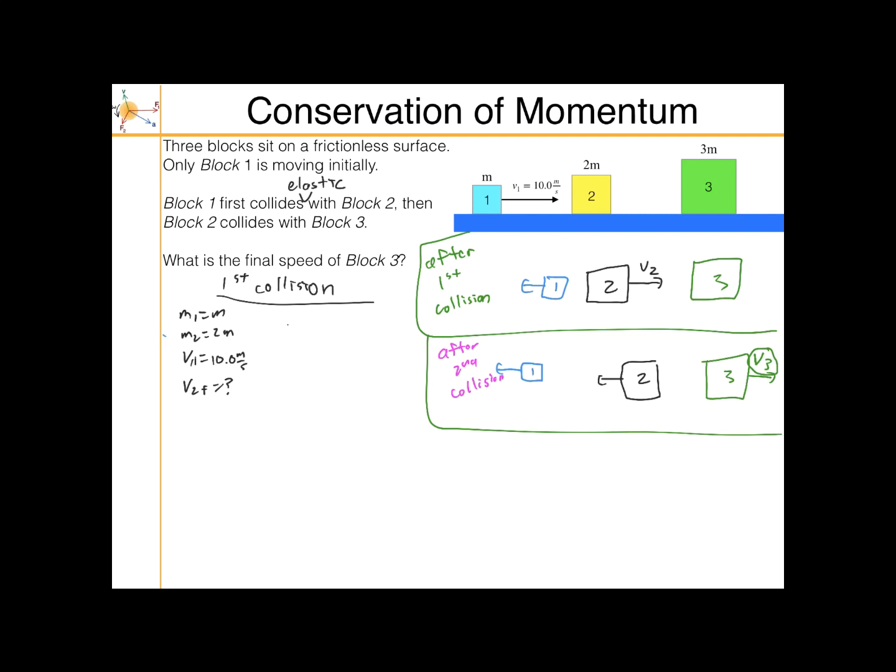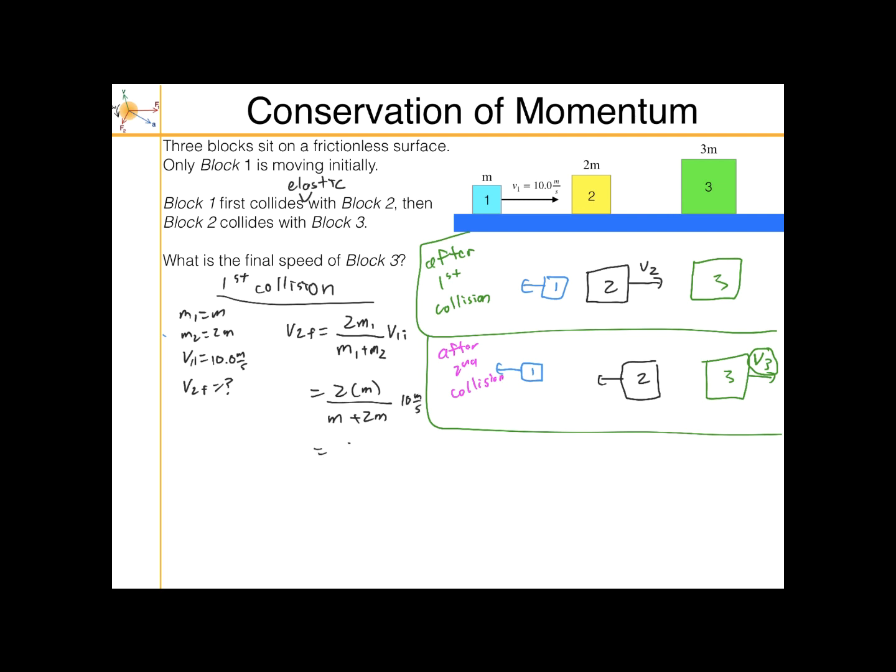So that means we can use V2 final equals, from the equations we developed for elastic collisions where one of the objects is at rest, 2 times m1 over m1 plus m2 times V1 initial. If I plug in everything, it's 2 times m, over m plus 2m, times 10 meters per second.